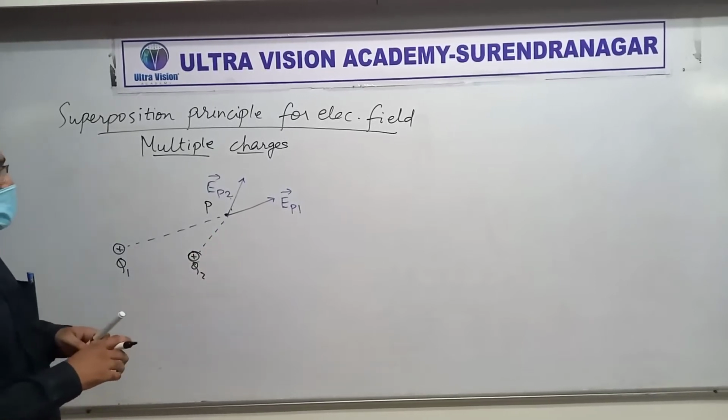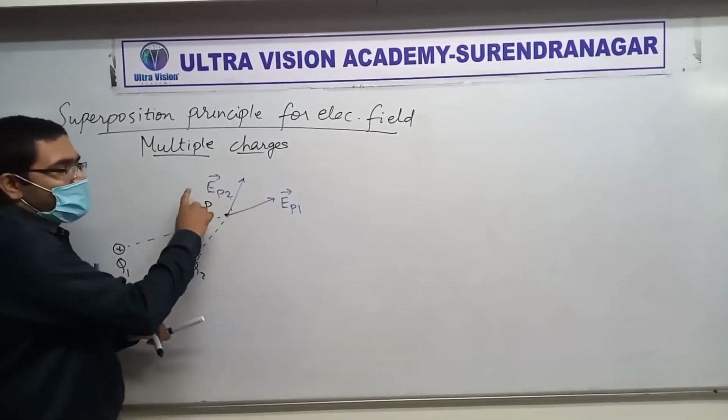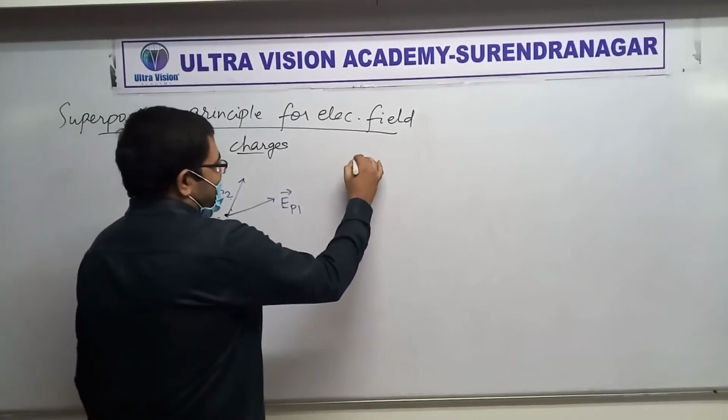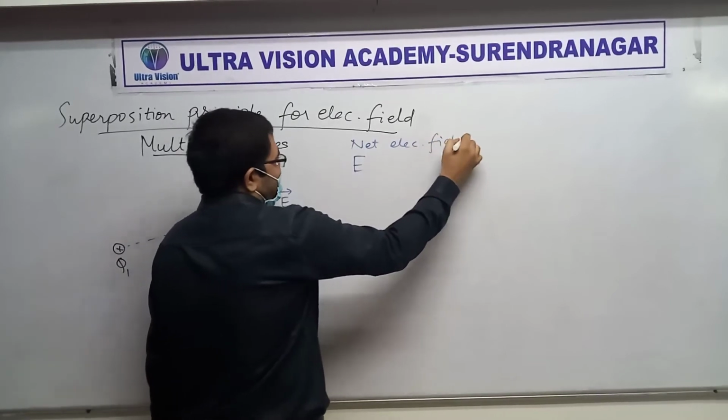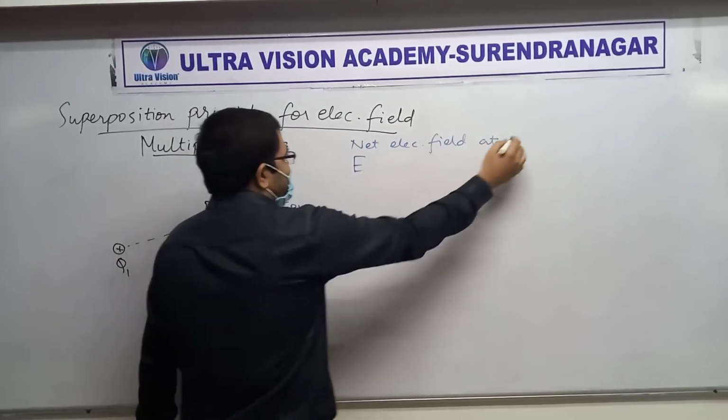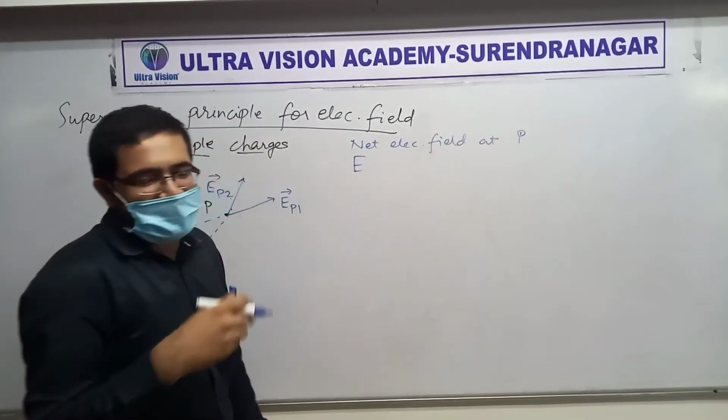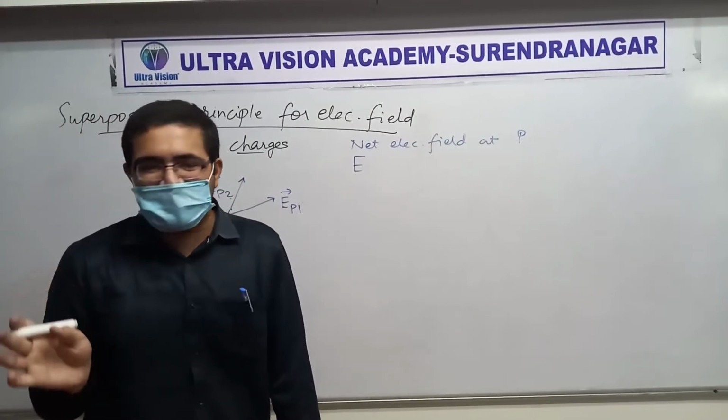So if you want to find the net electric field, you'll have to do it by vector addition. So we can simply say that the net electric field at P is the vector addition of the electric fields due to the individual charges. I'm not writing the words, you have to write the words yourself.